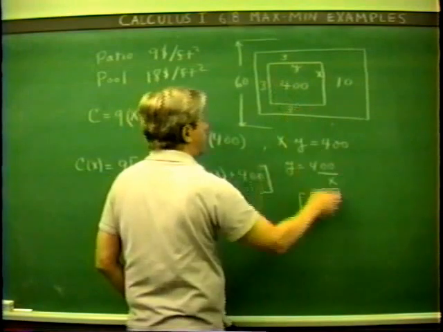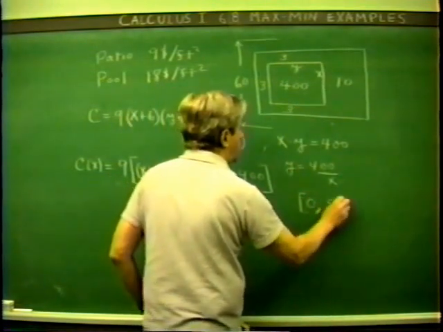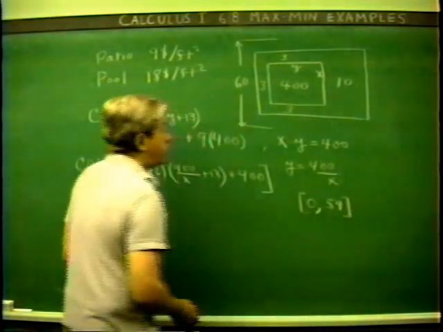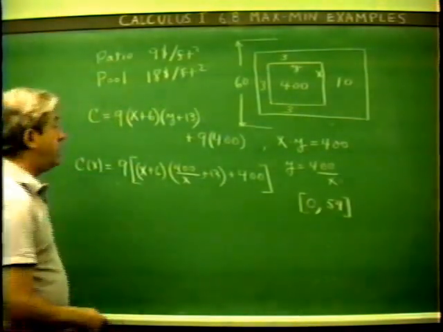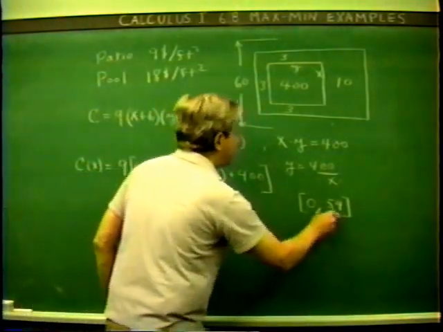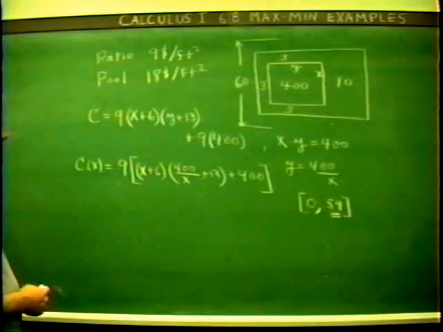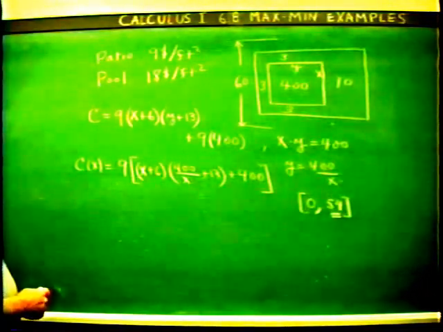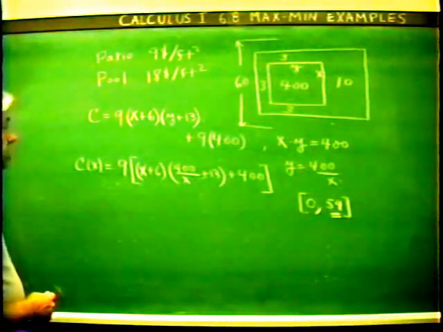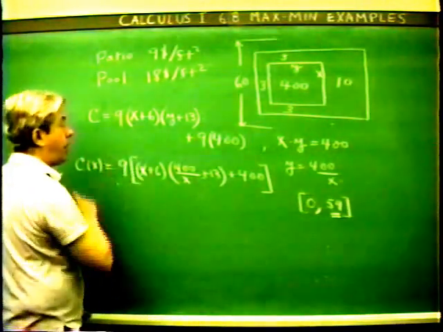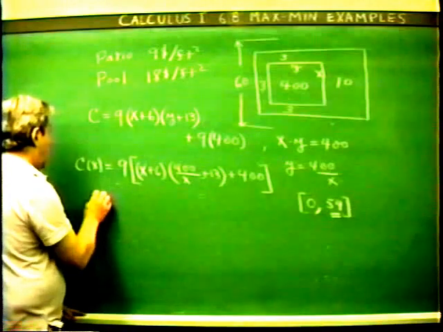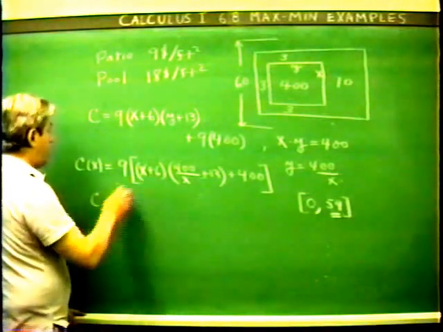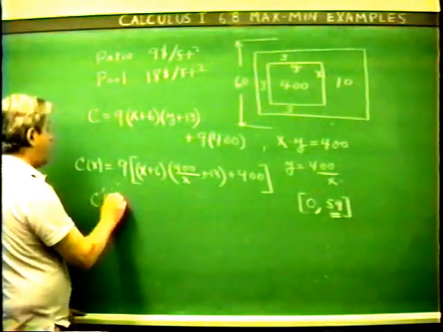Or it can be as large as what? 60 feet less than 6, or 54 feet. There's the interval on which this makes sense. So we're going to need to check 54. All right. It's really doubtful that 54 is going to be the answer to this, though, and I'm not going to bother to really check it.